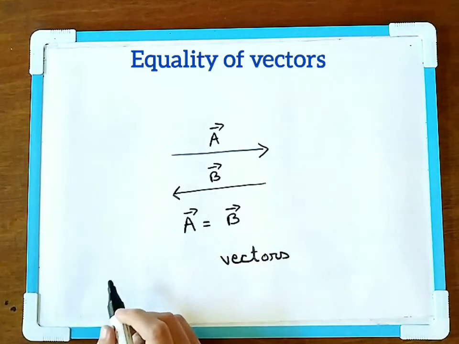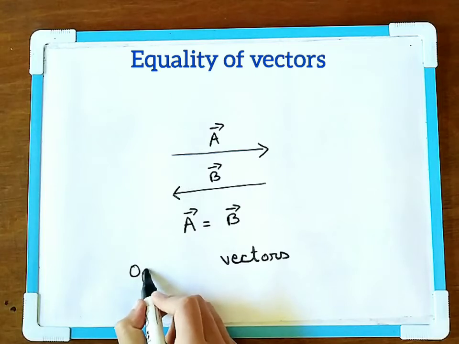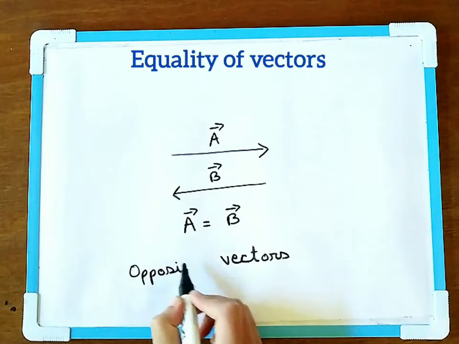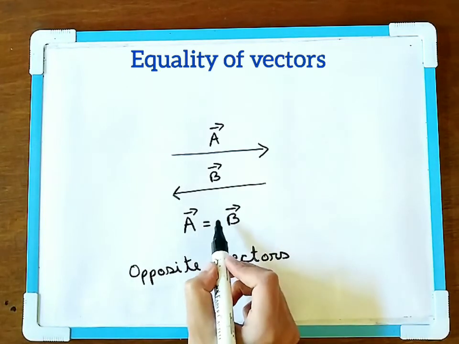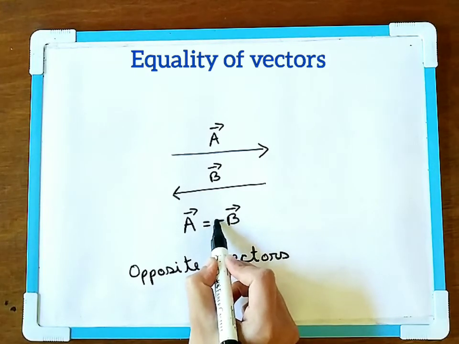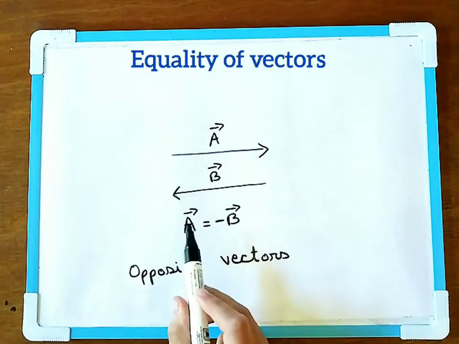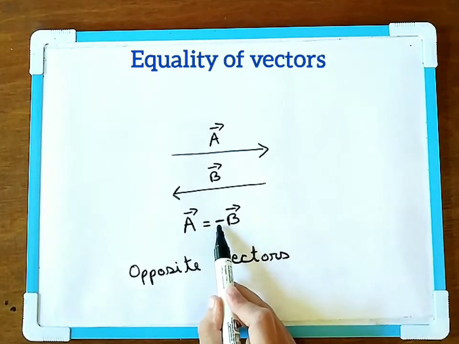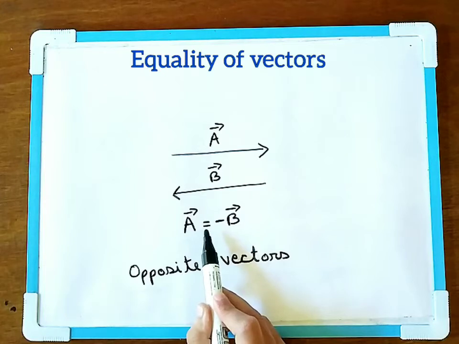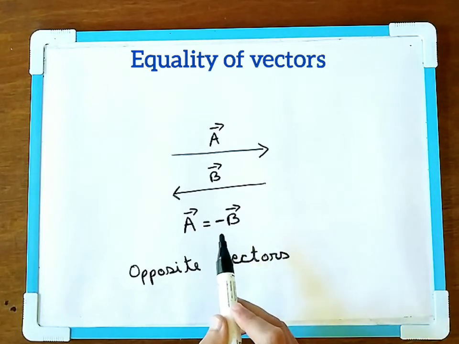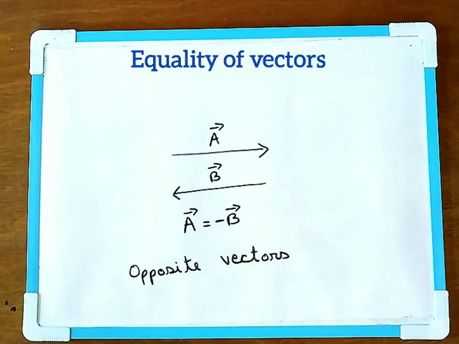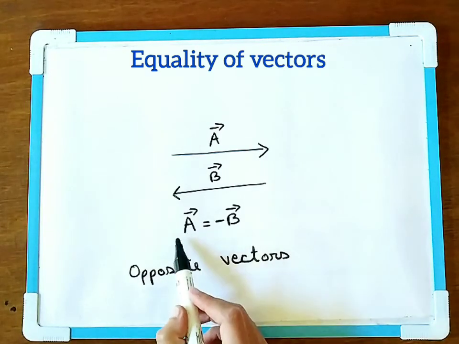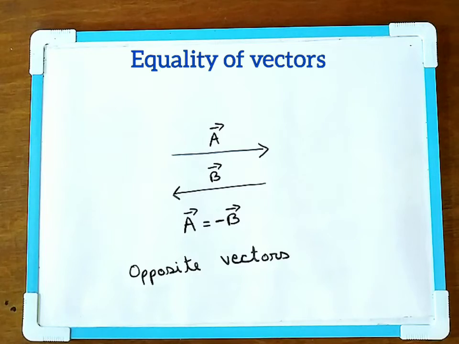And we denote opposite vectors by putting a negative sign here. So this is read as A is equal in magnitude to B, but it is opposite in direction. So here A is opposite in direction to B, but it has an equal magnitude. So this is how we'll indicate or denote opposite vectors.